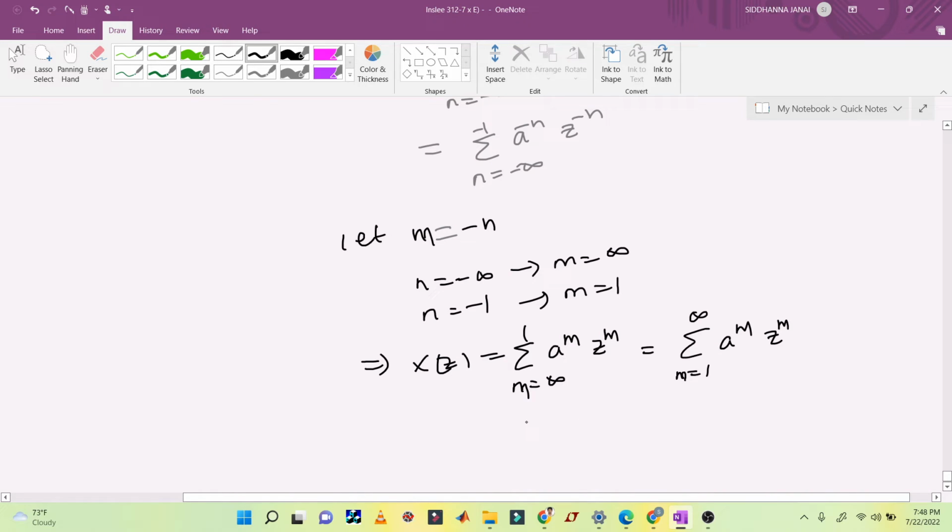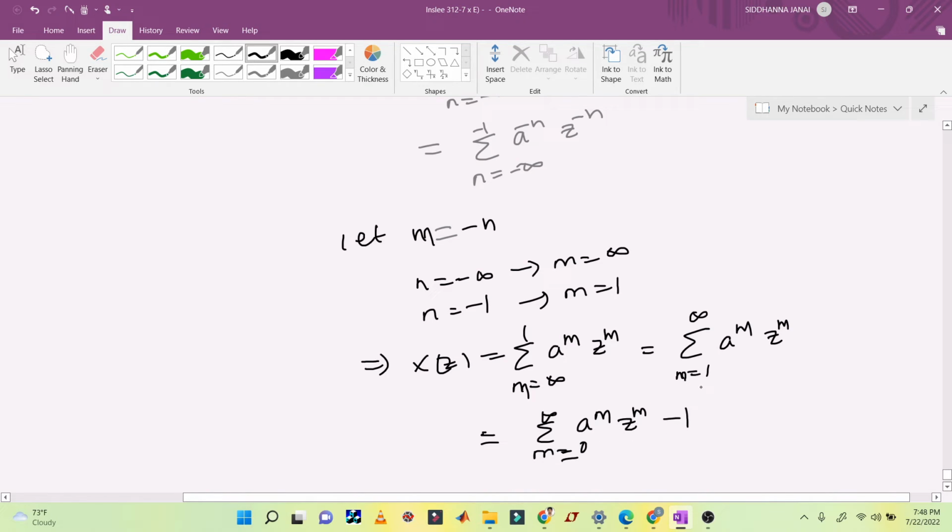Okay, now this can be simply written as summation m equals 0 to infinity a to the power m z to the power m minus 1, because when I substitute m equals 0, a to the power 0 is 1, z to the power 0 is also 1, so 1 minus 1 will be 0.